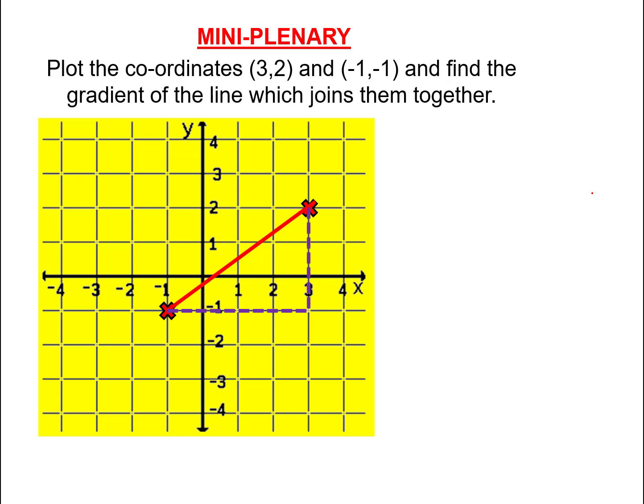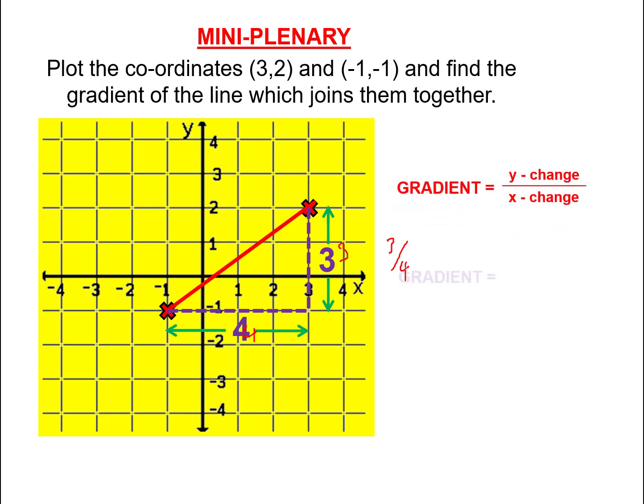And then you can see that is 3, 4 squares. The scale was correct, so the gradient of that is 3 over 4. And this will really help you understand gradient.